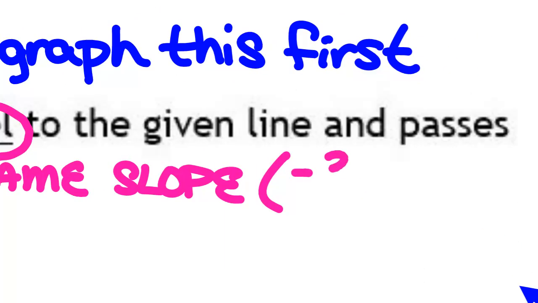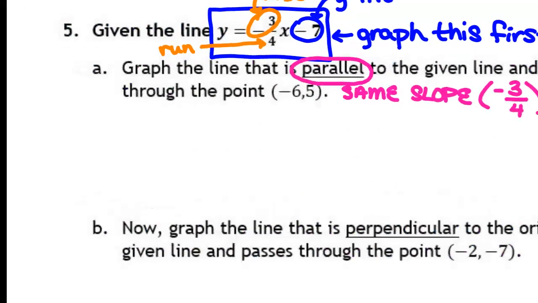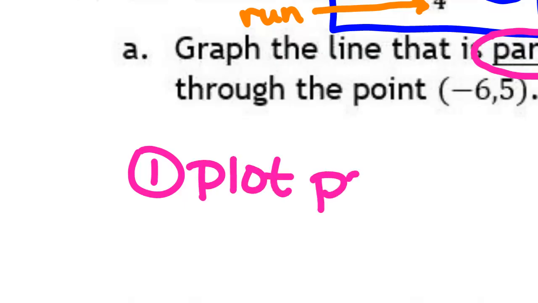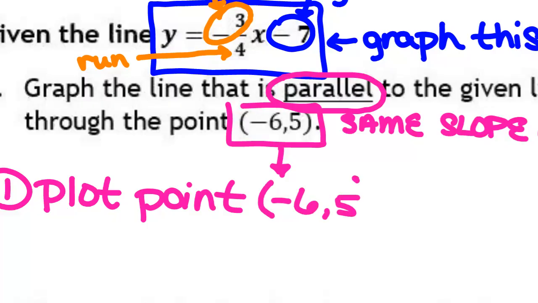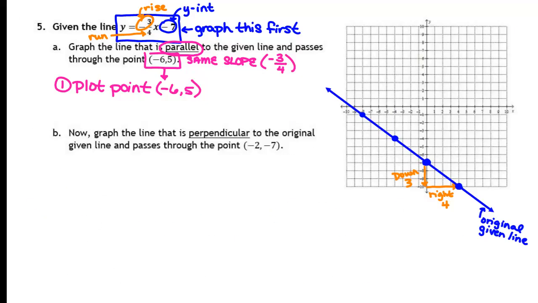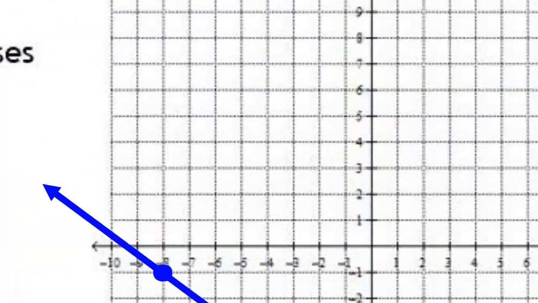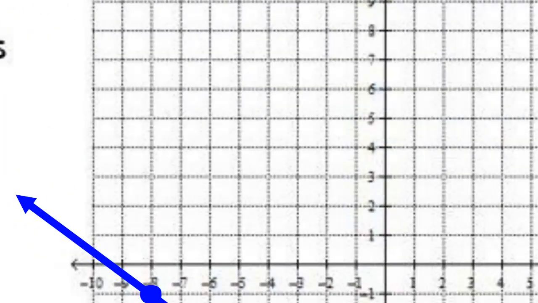Yep, so this is going to be -3/4 also for my slope. First thing we're going to do is plot the point that they gave us. That point is -6,5. So I'm going to plot -6,5 on my graph right here.